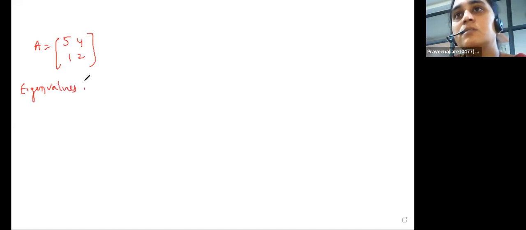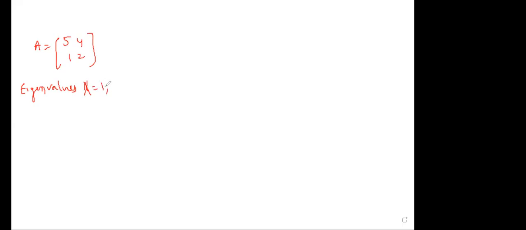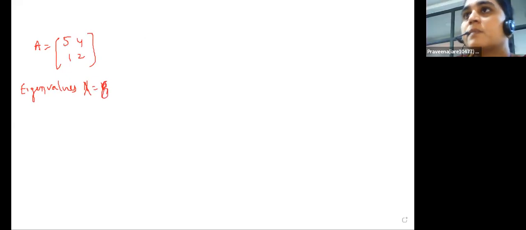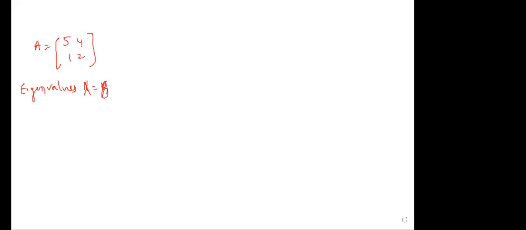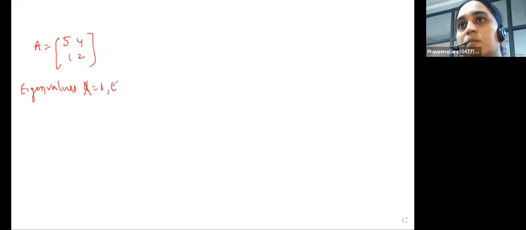Eigenvalues: lambda is equal to 1, comma, I'm sorry, tell me my eigenvalues: 6, 1. That means 1, 6. Okay. Next, continue for the eigenvectors for the corresponding eigenvalues.